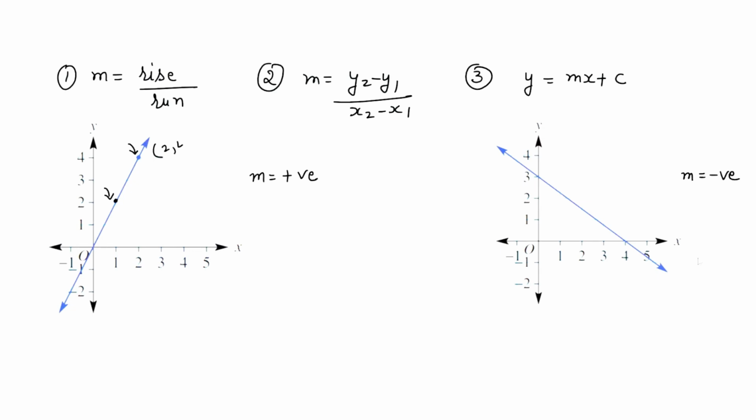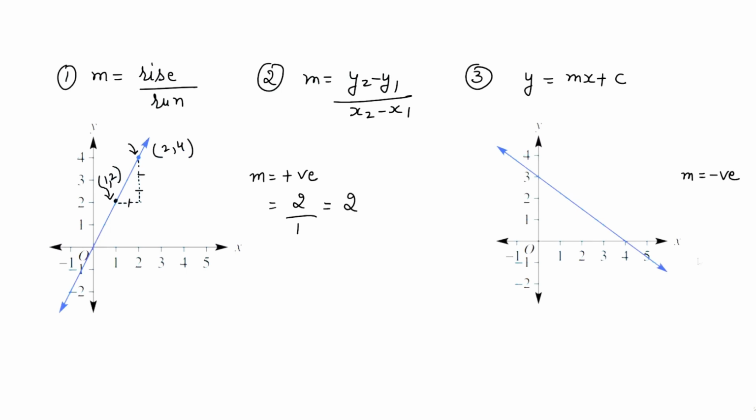This point is 2, 4 and this point is 1, 2. Now I have to draw a triangle. Now here, if you will see, I have rise which is equal to 2 units and run which is equal to 1. That means the value for m is equal to 2.